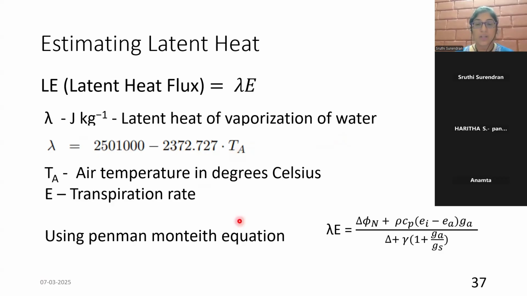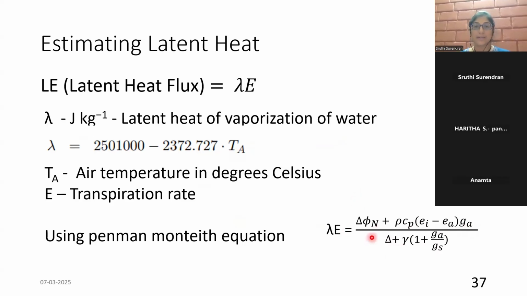And there are a lot of equations through which you can estimate the transpiration, but the most commonly and popularly used one is the Penman-Monteith equation, which gives this latent heat flux as a function of the vapor pressure deficit, the aerodynamic conductance, the slope of the saturation curve, and so many terms like that.